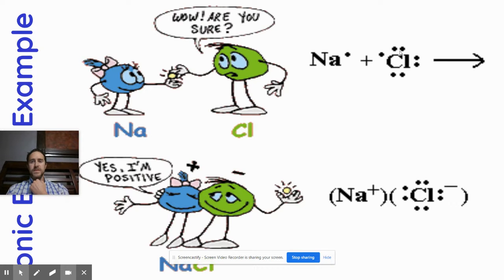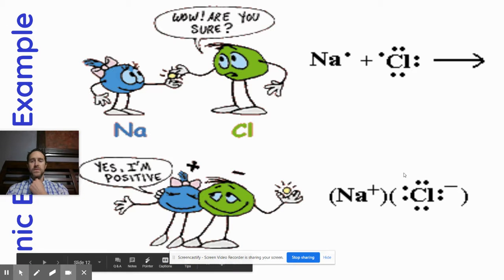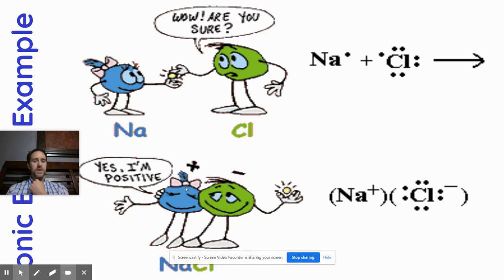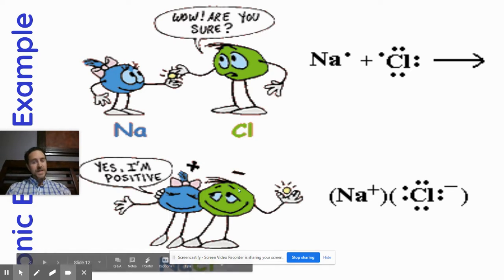When it gives that electron away, sodium has a third outer shell, chlorine has a third outer shell, and I like this. It says, you can have this. Wow, are you sure? Yes, I'm positive. Because he's positive. And this guy's negative. They attract.